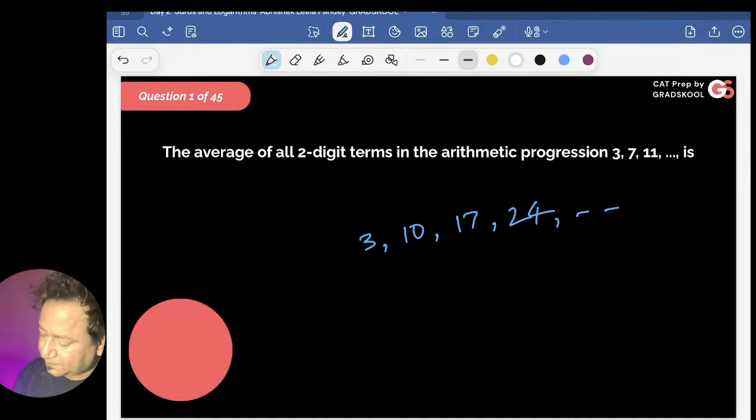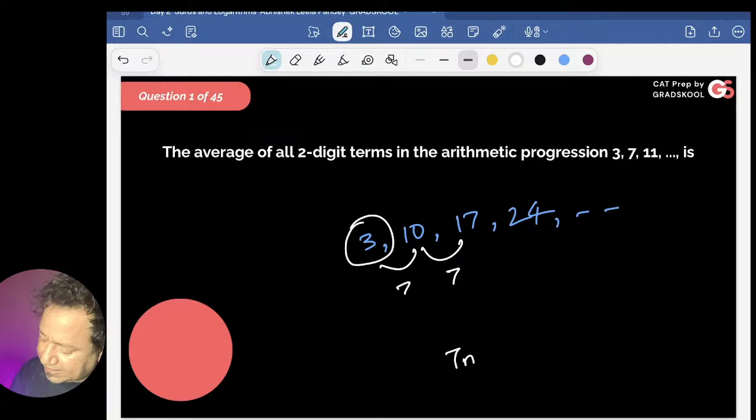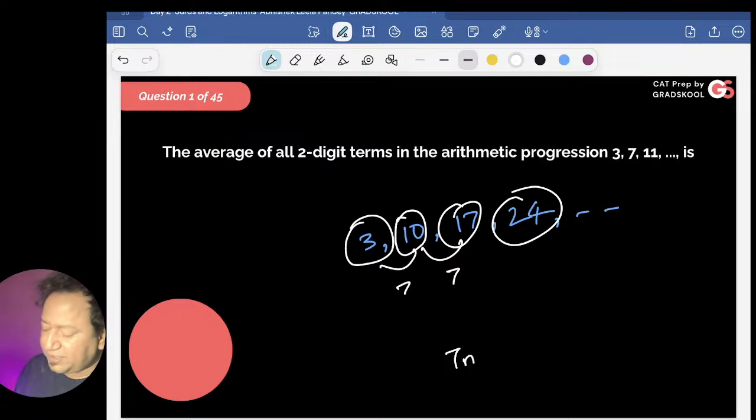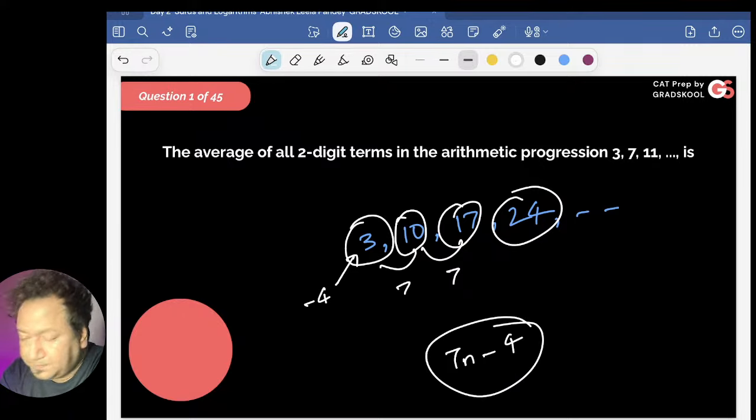First, identify the common difference, write 7n, and then see by how much deficit or excess these original terms are. So 7 into n. If I put n as 1, I'll get 7, but this is 4 less than 7. So 7n minus 4 happens to be my general term.